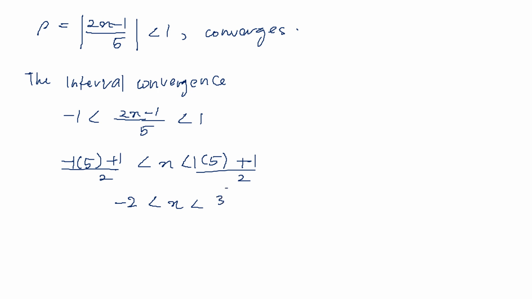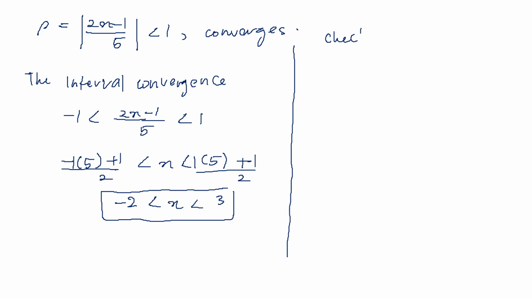As you get this interval of convergence, you have to check the endpoints. So we're checking the endpoint x equals -2 first. We substitute x equals -2 into the original series.